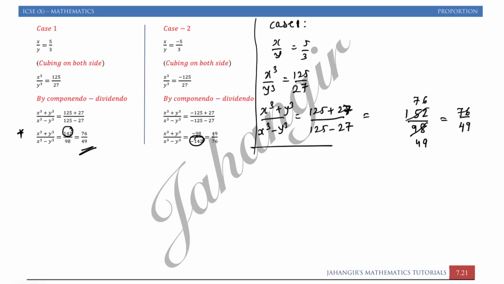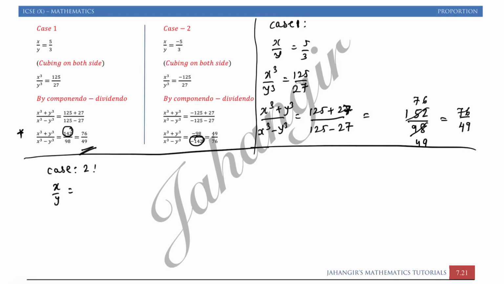So now case 2. In case 2, x by y is equal to minus 5 by 3. Cubing on both sides, x cube by y cube is equal to minus 5 cube, that is minus 125 upon 27.